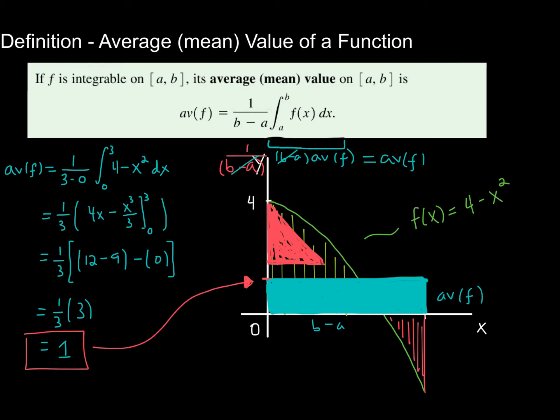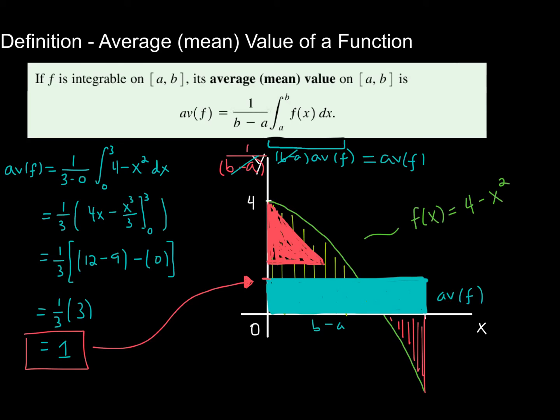Since the function is continuous, it will take on all the y values from its left endpoint to its right endpoint. And if we combine this with a little bit of common sense, we can see that no matter what our function, as long as we're able to take the integral of it and compute its average value, the function will take on that exact average value at least once on that interval.